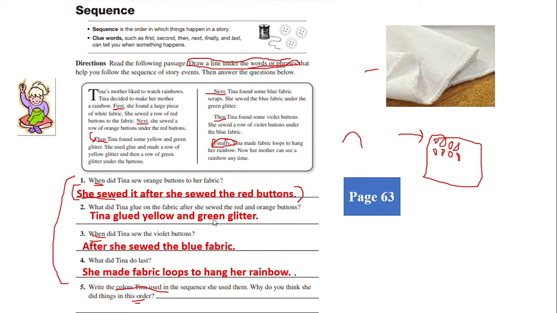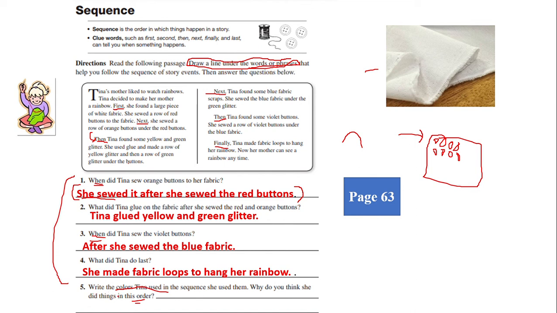We underlined it only for us to understand. Let's erase the circle and underline instead. Finally. So we have first, next, then, next, then, finally.